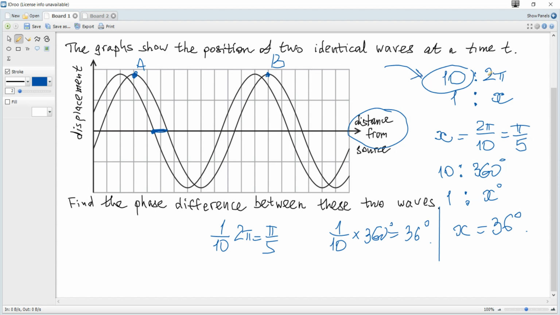So wavelength corresponds to 2 pi or 360, and hence the shift in meters or centimeters, in the same units of length, corresponds to x.